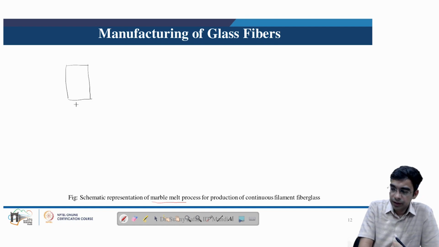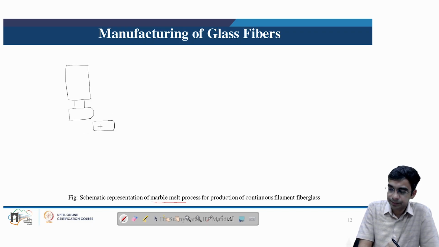From the raw material storage, we weigh and mix various constituents which are used to make the glass fibers. Once the mixing is done, we subsequently blend the various constituents properly.